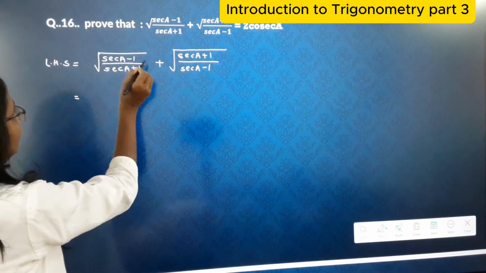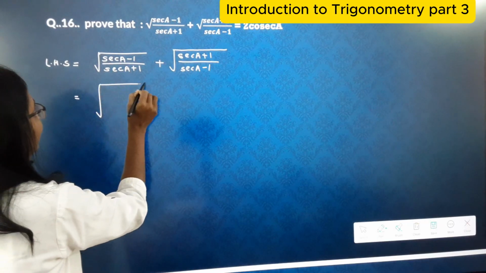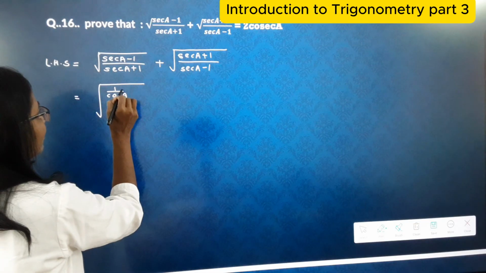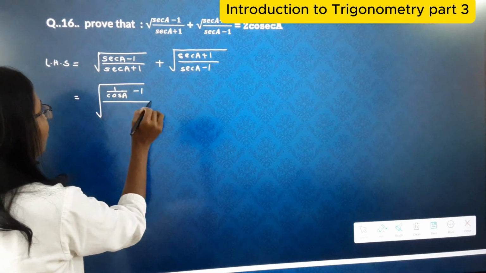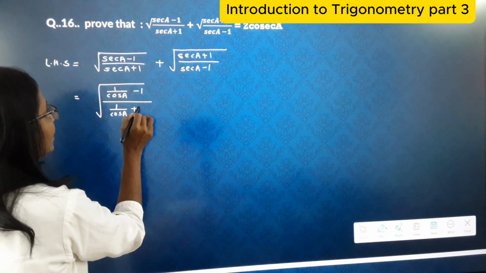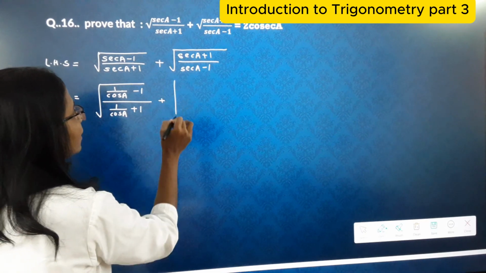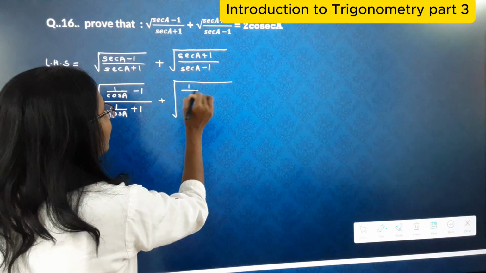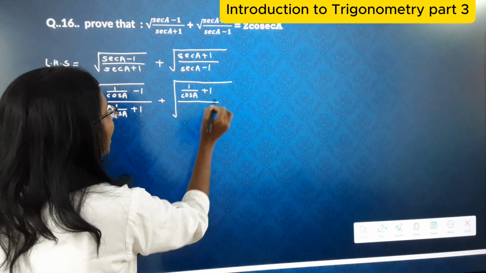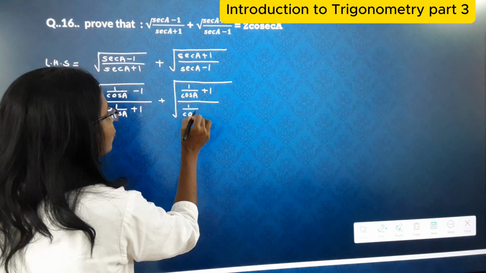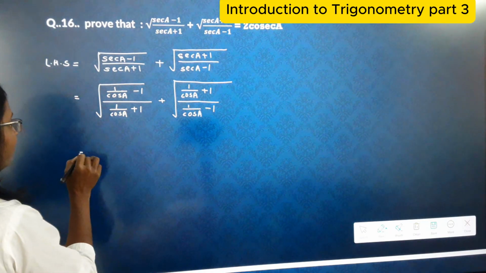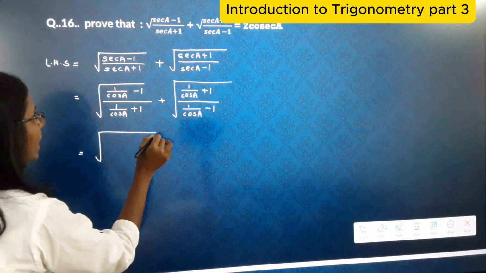And then I simplify this sec A as 1 upon cos A, then minus 1 upon cos A plus 1. Here plus in the square root 1 upon cos A plus 1 upon cos A minus 1. Then again simplify it by cross multiplication.